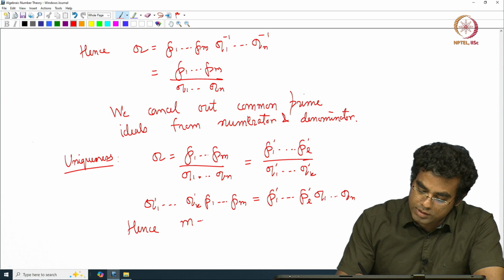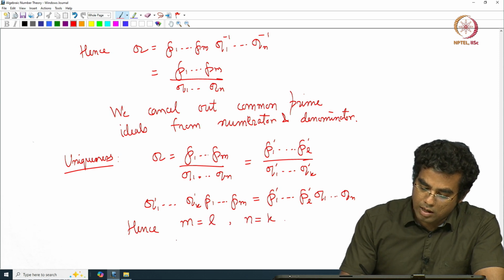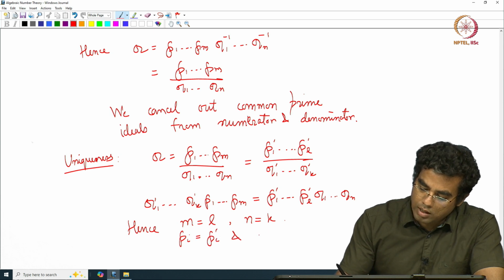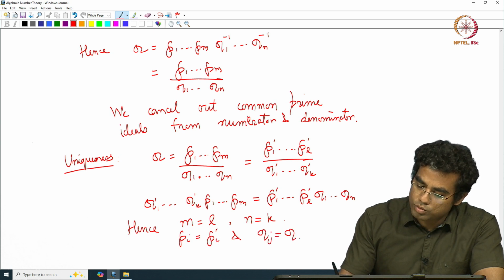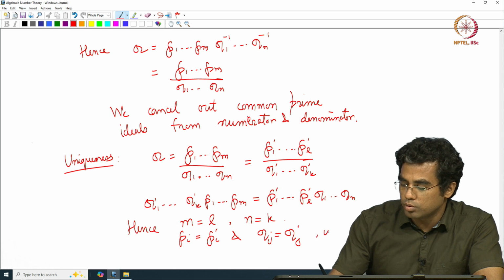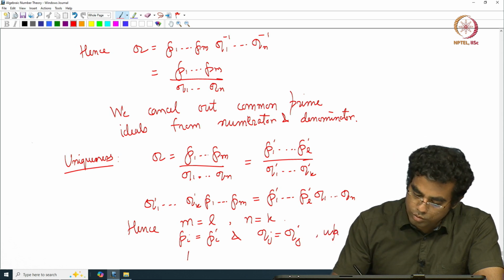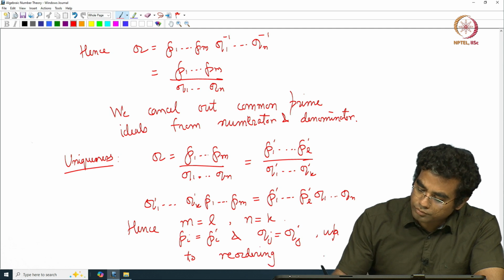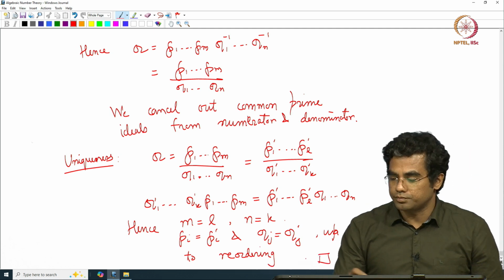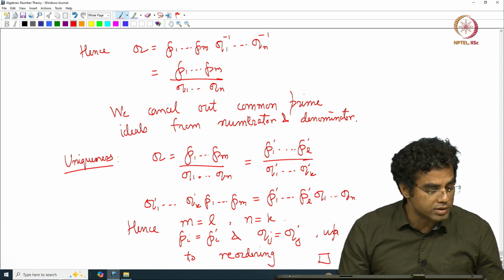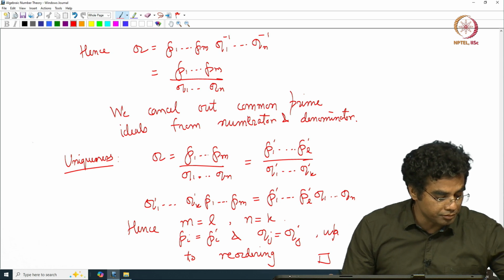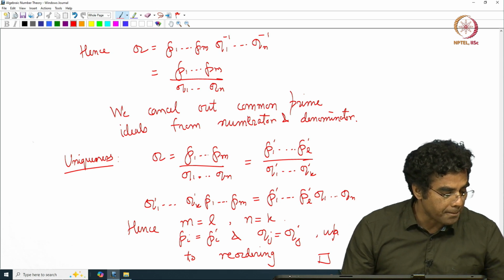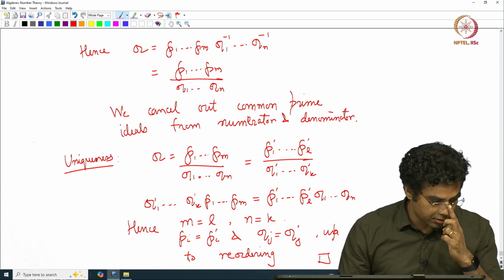Hence m is equal to l, n is equal to k, and Pi is equal to Pi prime, and Qj is equal to Qj prime up to reordering. Okay. So, it is an easy consequence of the previous thing that we proved. Okay. All right.